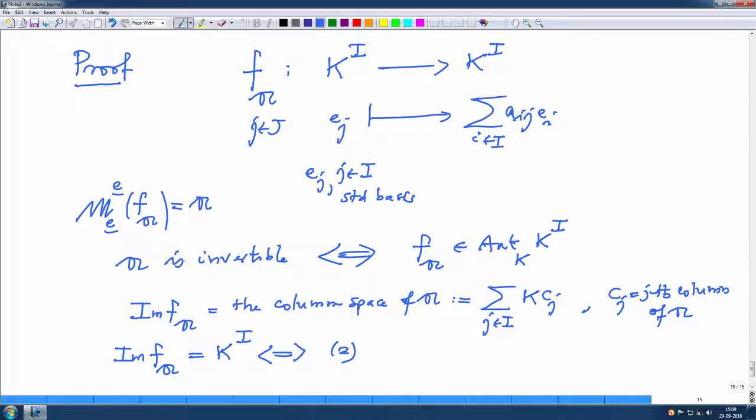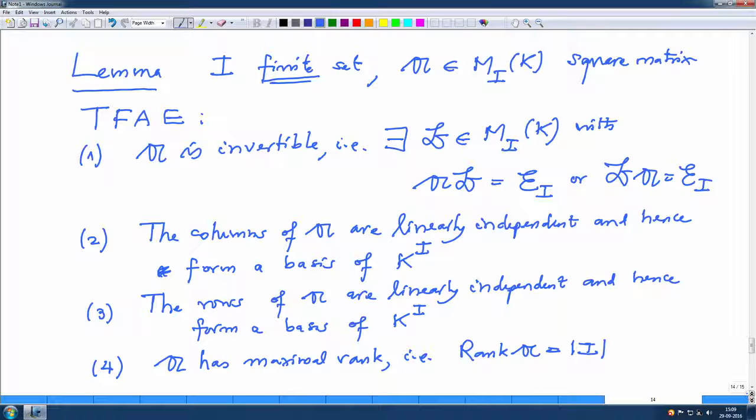A first was invertible, but 2 if and only if means F_A is surjective. But once F_A is surjective, that is if and only if F_A is bijective, that is, it is an automorphism. So that proves 1 if and only if 2.